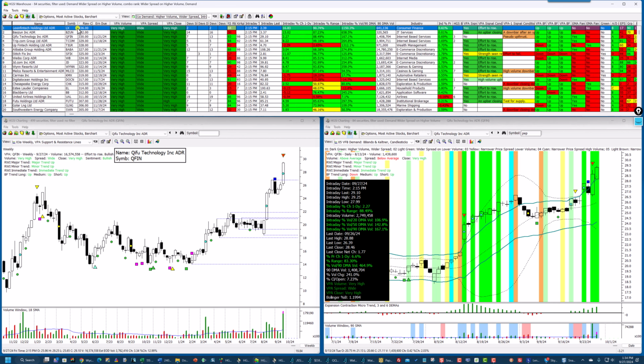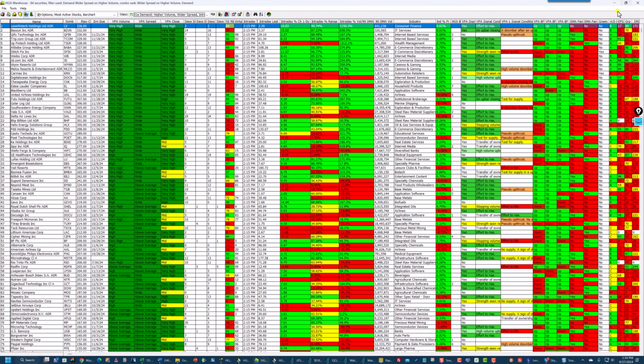And by doing that, I can see the stocks at last night's close, what they're doing today, and most of these stocks are up today that are in view right here. Now, they're not all that way, but you can see that a lot of them are.